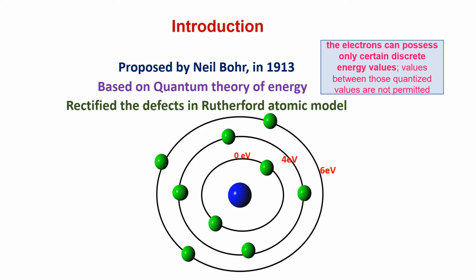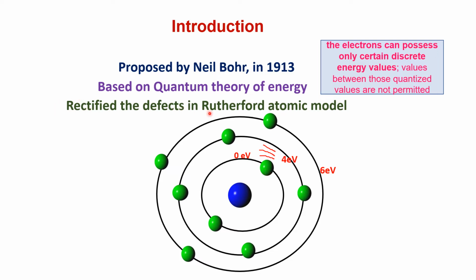If it were absorbed, the electron would land at an in-between value, and according to the quantum theory of energy that is not possible, it is not permitted to be absorbed. It will absorb only whole number quanta, that is 4 electron volt, 6 electron volt, 7 electron volt. It will not absorb 2.5, 3.5, 4.2.